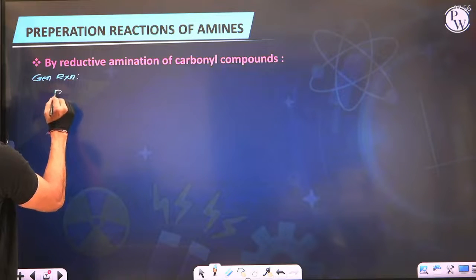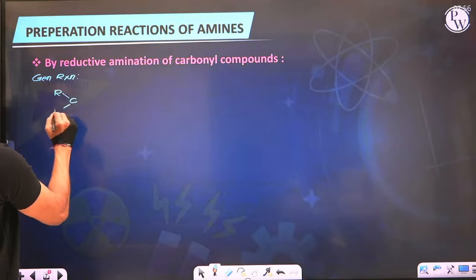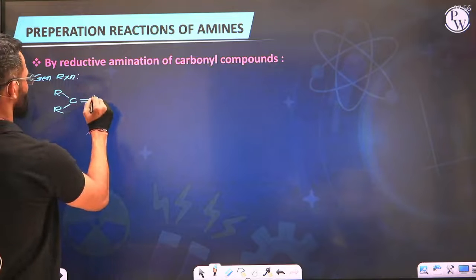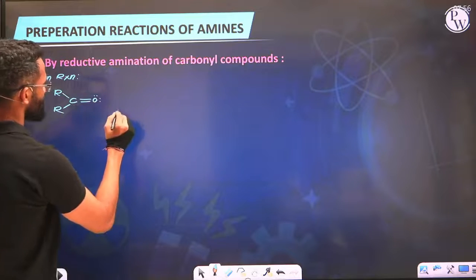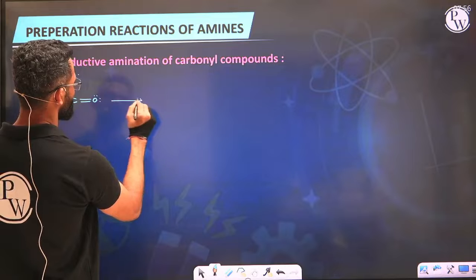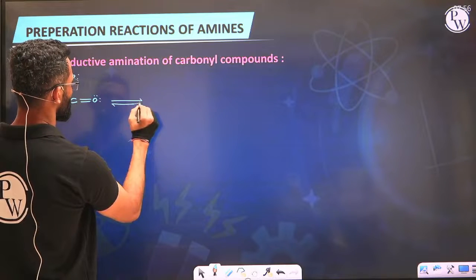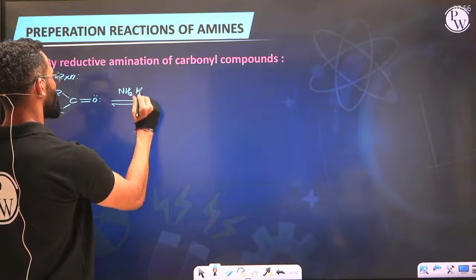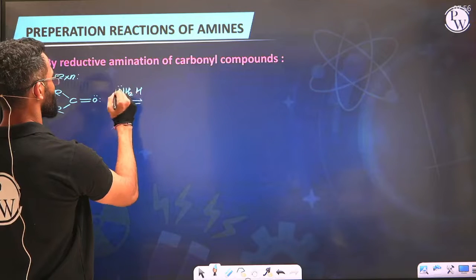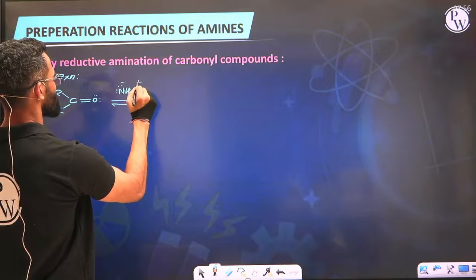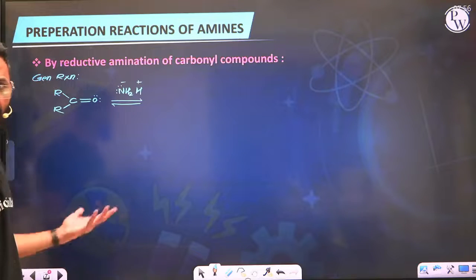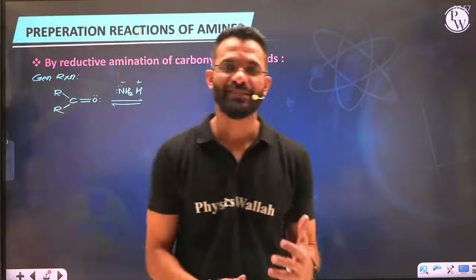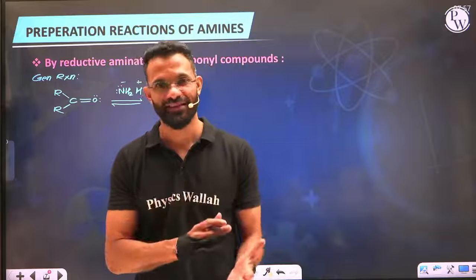we have some carbonyl compound, let's say a ketone. We are allowing this ketone to react with ammonia. For convenience I'm writing ammonia like this, NH2 minus H plus. That is ammonia, but I'm writing it like this because we have studied that carbonyl compounds undergo their characteristic reactions called nucleophilic addition reactions, right?